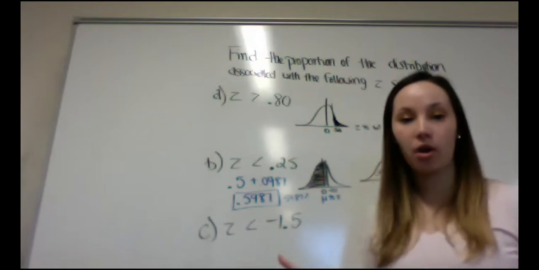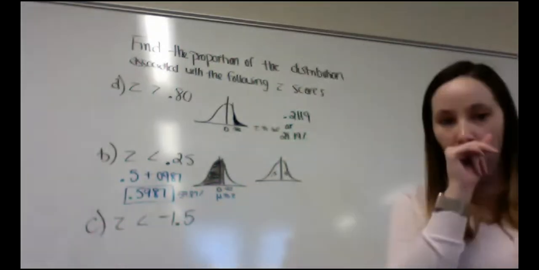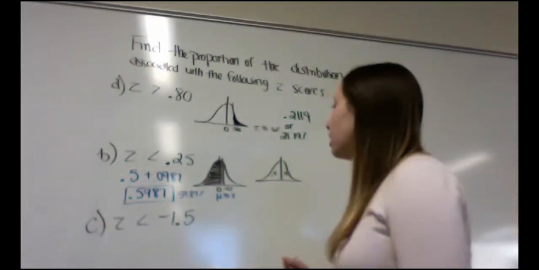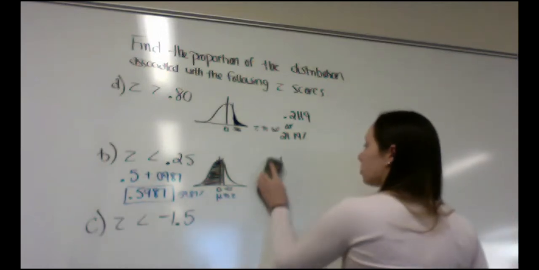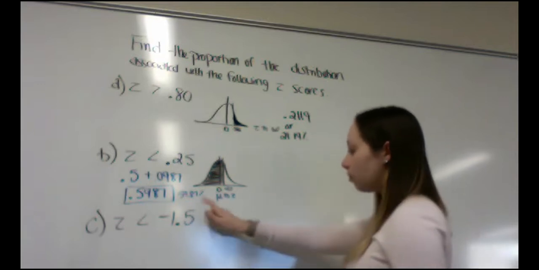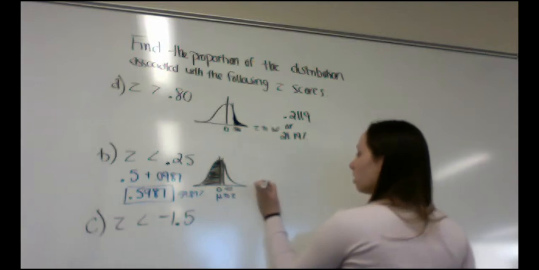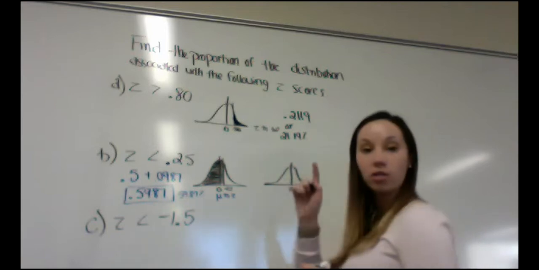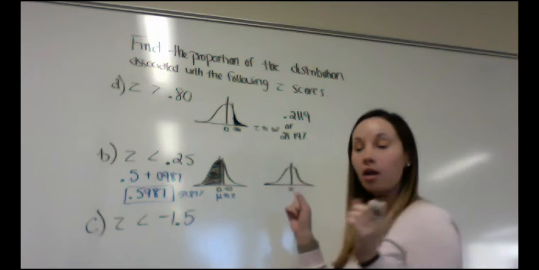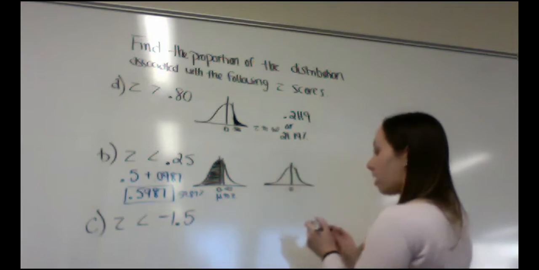Another way that you can work this problem, and let me scoot my camera over a smidge so we have more board room, is to think about how the pieces of my distribution work. So you can do it by adding 0.5, or remember that here's our 0. The whole thing is 1, right? Probability ranges from 0 to 1. The whole distribution is 1. On each side of the mean, we have 0.5.